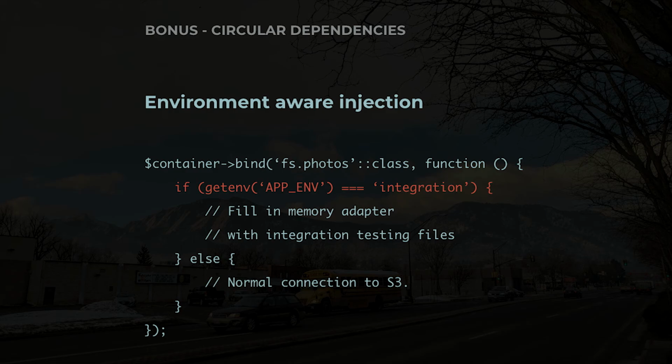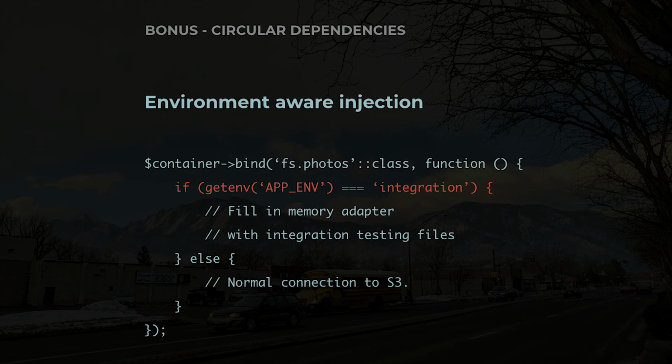Another thing that a lot of people ask me is, how would you inject different stuff in a different environment? And this is how I would do it. In the service class, I would have container bind or container add filesystem.photos, and then I would check the environment variable and then inject different stuff, or new up different stuff if needed.